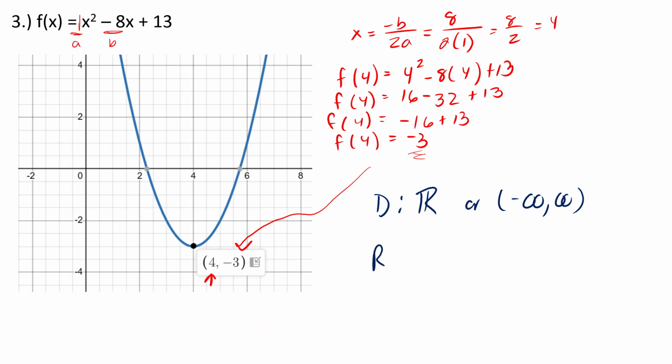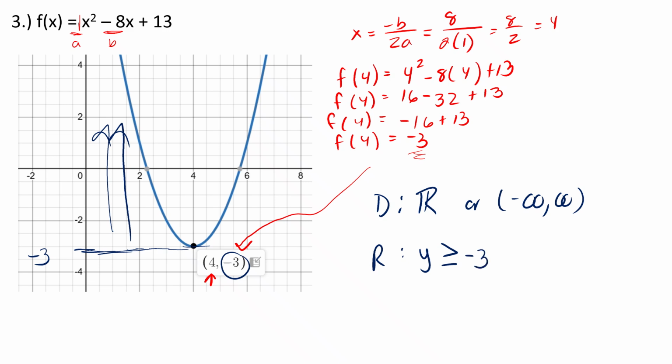Okay, and then my range in this case, it's bottoming out at that -3. That's the smallest y value, and then it's upwards from there, so greater than the -3. And so we would say y is greater than or equal to the -3. How do I know it can be equal to -3?